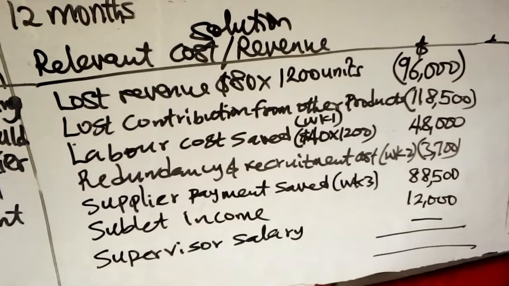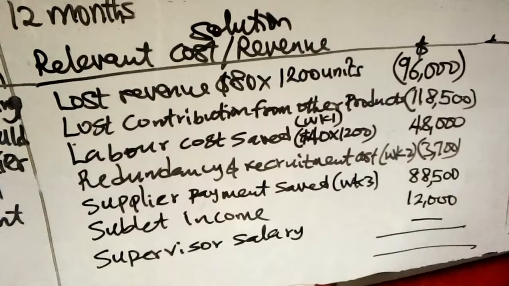You cast this. The first thing is minus 96,000, plus 118,500, minus 118,500, plus 48,000, minus 3,700, plus 88,500, plus 12,000.